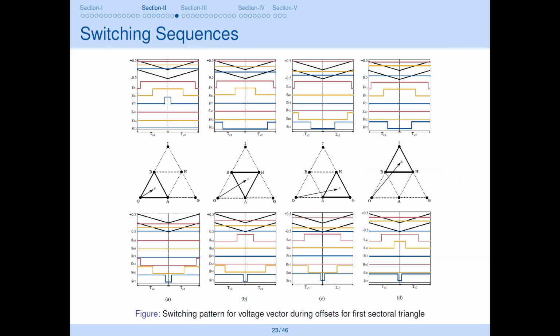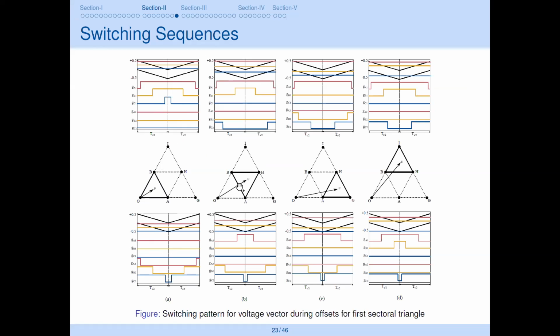All right, so here are small switching sequences when you do that offsetting in each carrier band. The middle figures show the first triangular sector of the 3-level space vector, and you can see that there are 4 triangles in that sector. When the vector is lying on a particular triangle, the top shows the positive offset and the bottom shows the negative offset.